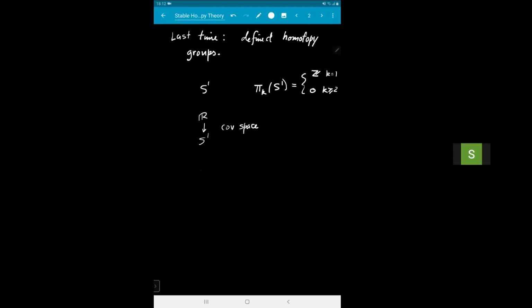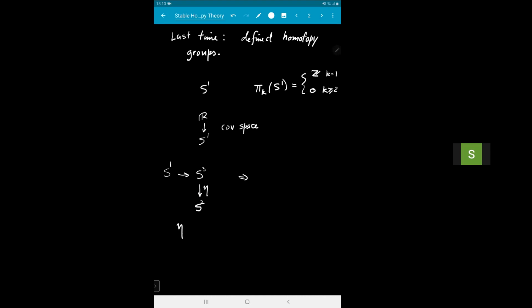Now for S^2, you have a fibration called the Hopf fibration. I identify S^2 with CP^1, and there is an action of the circle on S^3 whose orbit space is S^2. So you have this fibration S^1 to S^3 to S^2, and this map here is the Hopf map eta.